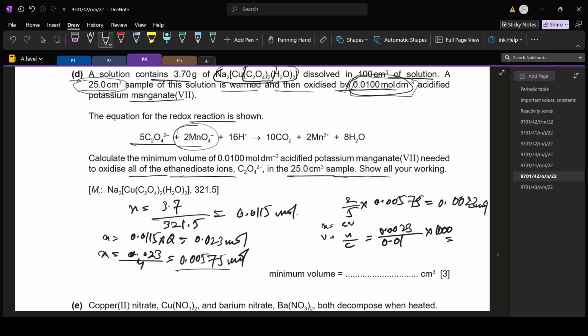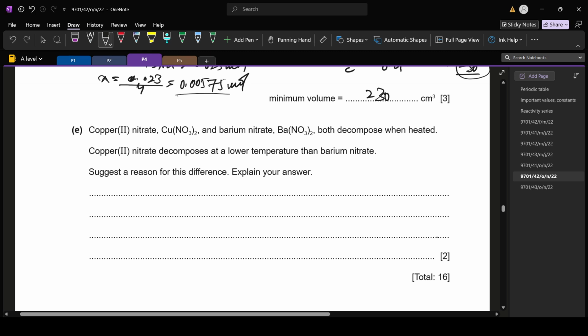So the final volume will be 230 cm cube. This is your minimum volume which is required. Now moving towards the next part.